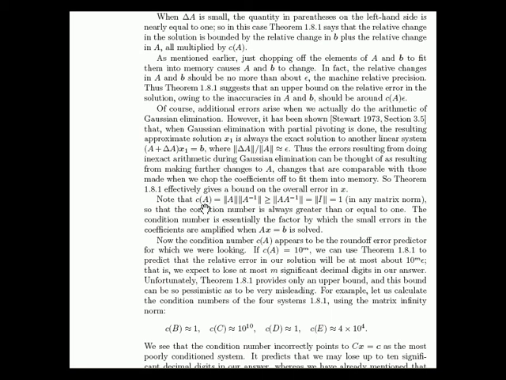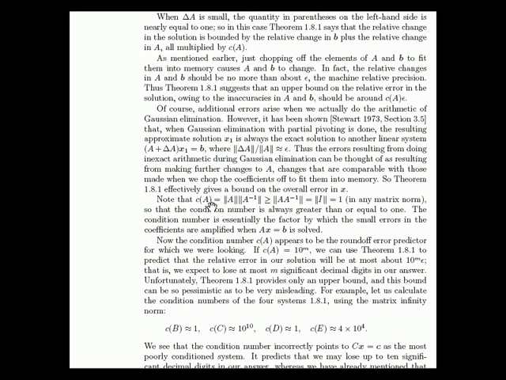MATLAB is always double precision, so machine precision is about 10 to the minus 15th, and that's the ideal error. That's the best you can hope for, a relative error in the solution of 10 to the minus 15th, and the condition number amplifies that. So if you have a condition number of 10 to the 10th, then instead of 15 significant digits, you'll have about 5. You lose 10, approximately. This is only an estimate.